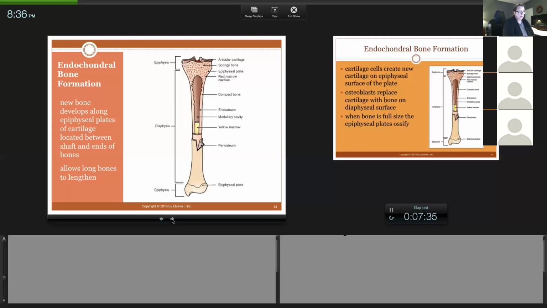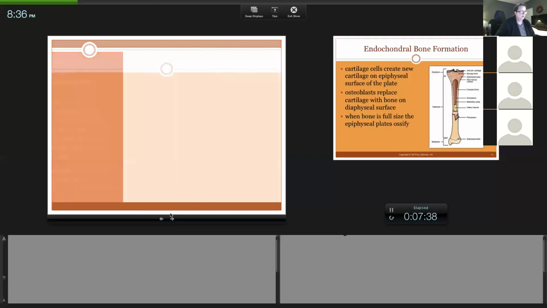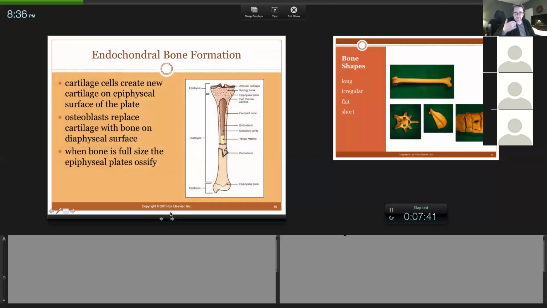The osteoblasts are going to build. If I look on this slide, it talks about the cartilaginous cells creating, and osteoblasts forming and layering and lengthening that bone. And then when the bone reaches its length, that's when it ossifies, and that plate will close.